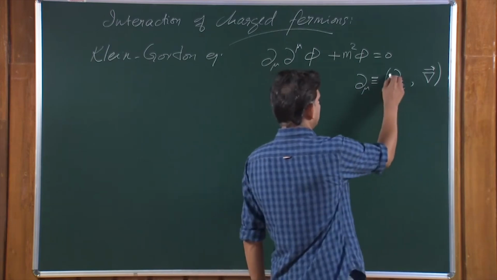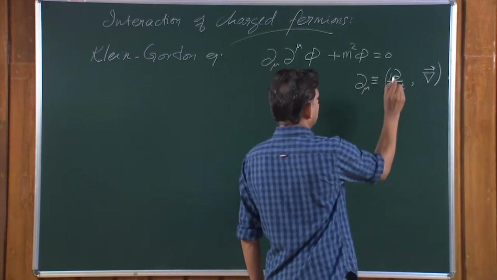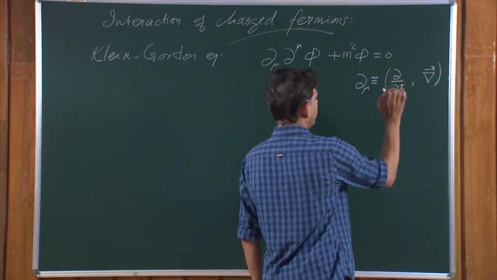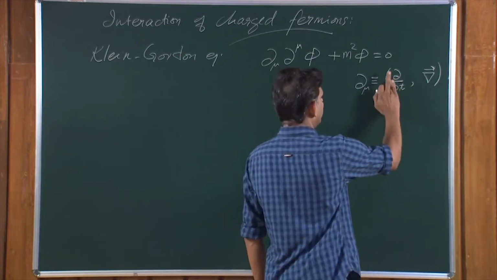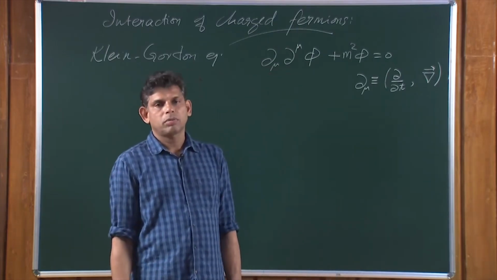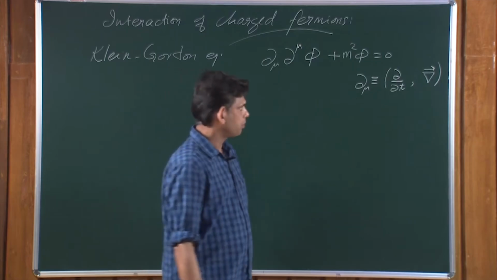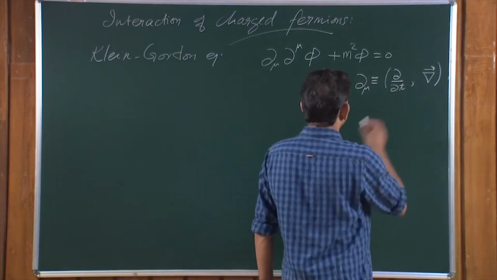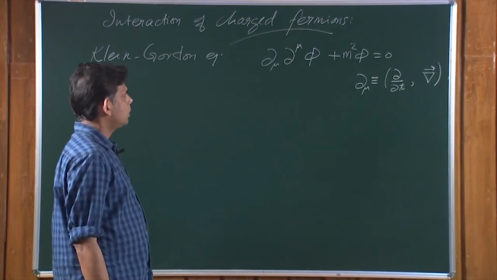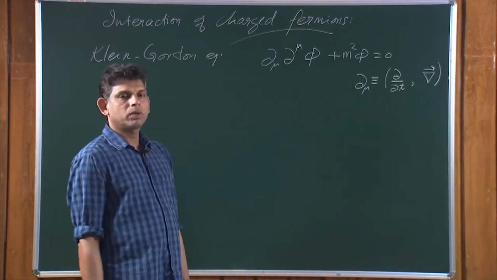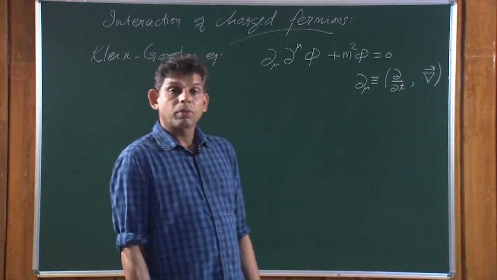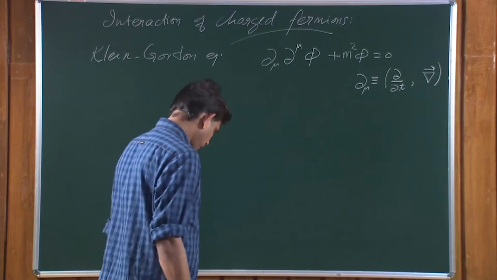So, usually it is written as 1 over c this thing, but we are using a system of units in which c is taken to be 1 and the Planck constant h cross is equal to 1. Now, this is basically the Klein-Gordon equation describing whatever particle that is represented by the wave function phi.